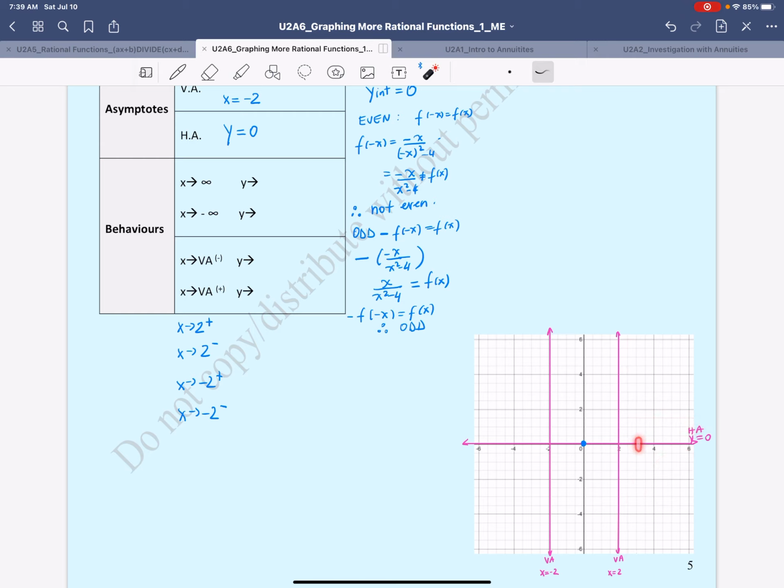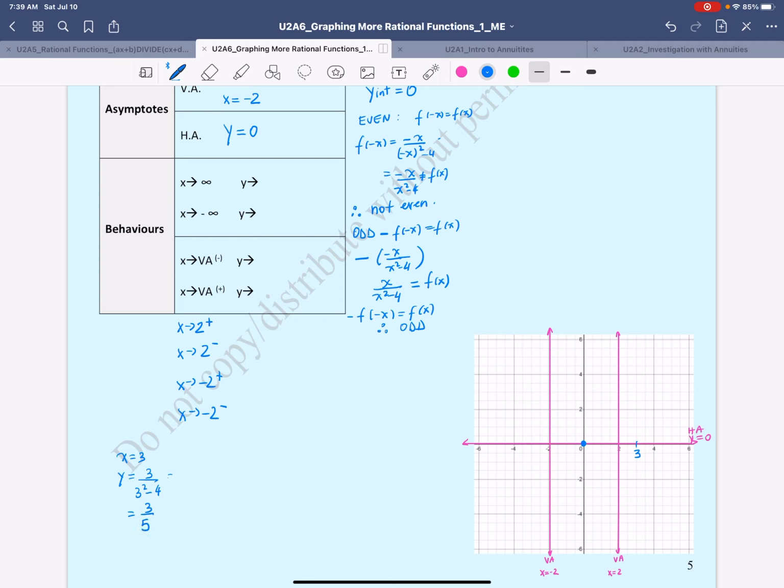In this case, I will try x equals 3. And we'll say that when x equals 3, the value of y will be 3 divided by 3 squared minus 4. So that would be 3 over 5.